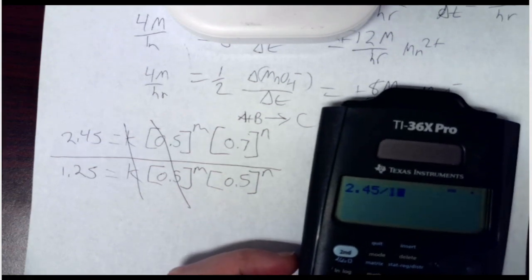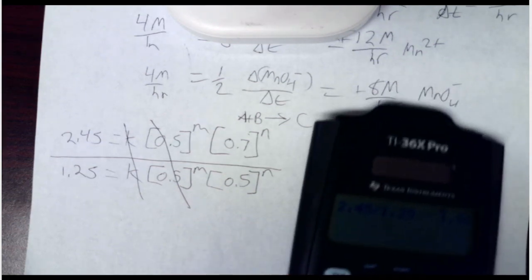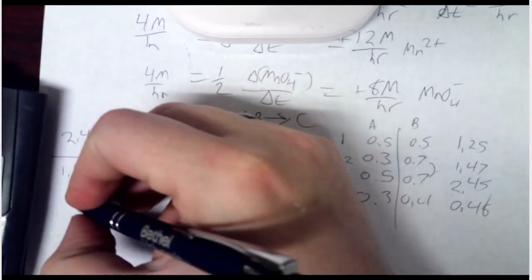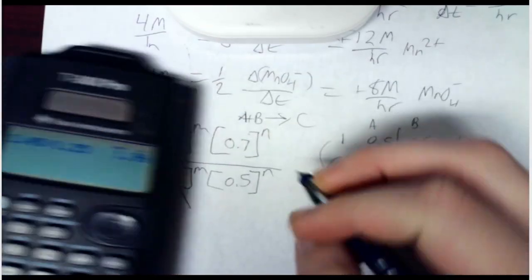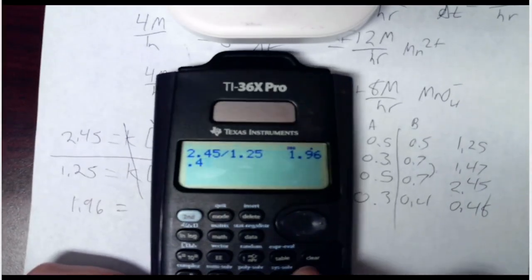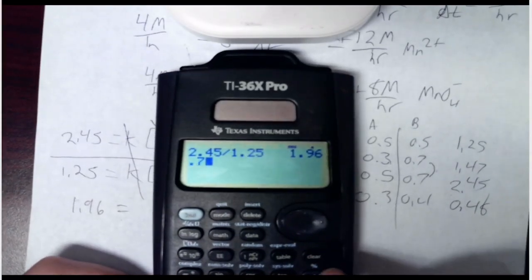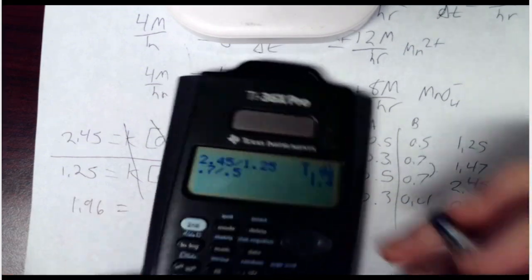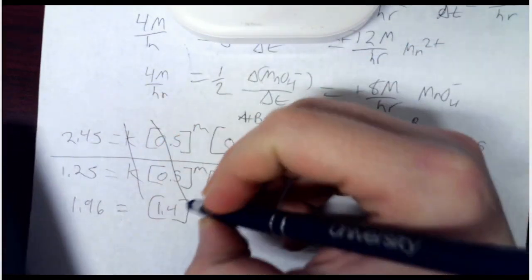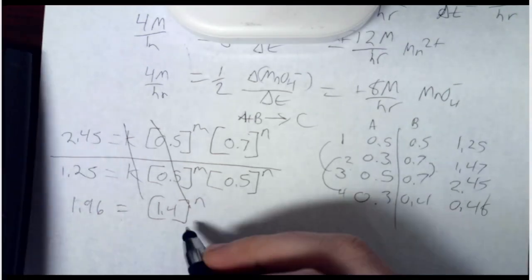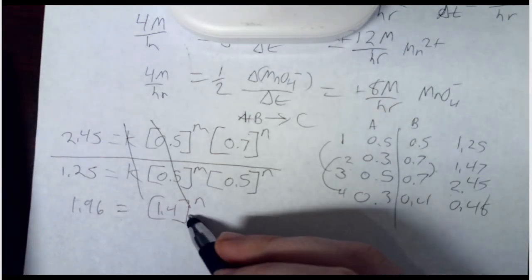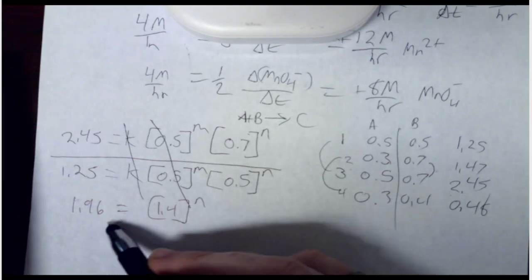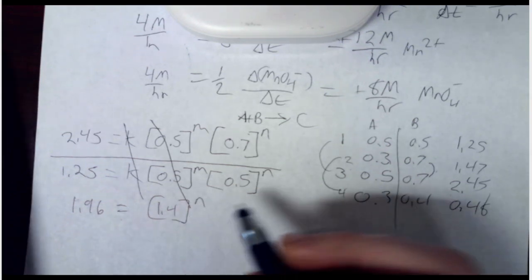2.45 over 1.25, not quite doubled, it's 1.96. And we have 0.7 divided by 0.5, we have 1.4. Obviously, they're not a one-to-one comparison. Obviously, this number is not 1, so a good chance this is 2.